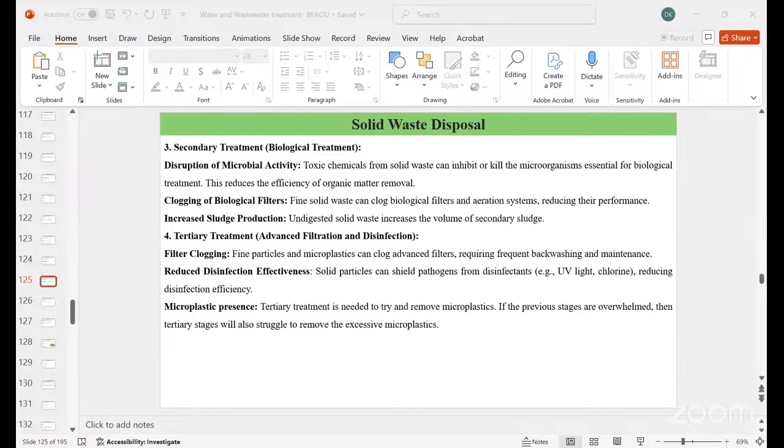The main challenges are the contamination of soil, water, and air, spread of disease vectors like rats and flies, odors and aesthetic degradation, increased risk of fires, and public health hazards. As we see here in the picture, most of the rag pickers spend their time in the landfills, putting their lives at risk.